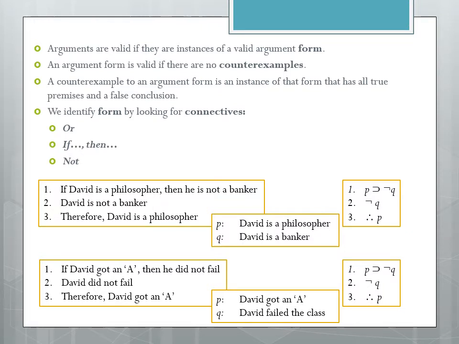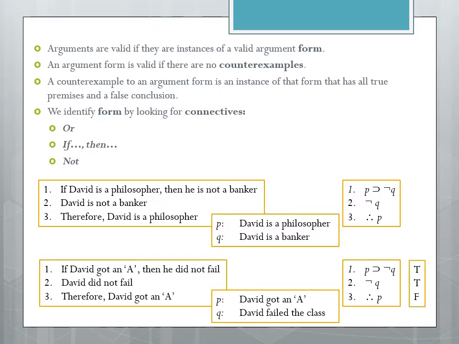It was also true of my high school art experience that I didn't fail. I didn't fail the course. So the second premise here is true. However, I wasn't very strong when it came to art at high school, and so I didn't manage to achieve an A. So the conclusion here, David got an A, is false.